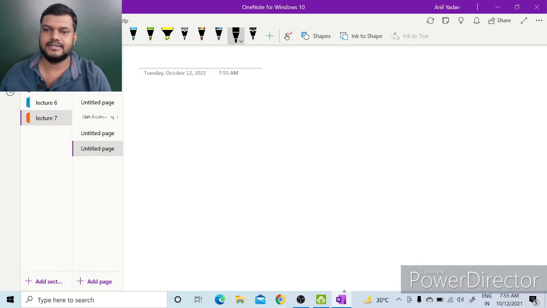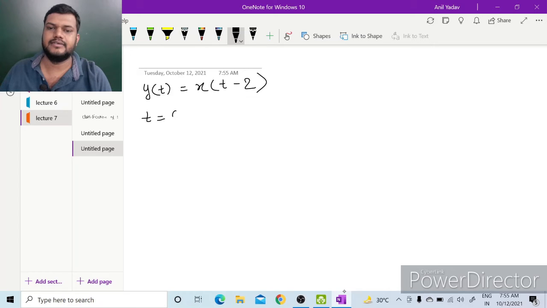So let us take another example. Let us say y(t) is x(t minus 2). Let us take t is 0. So y(0) is x(minus 2).